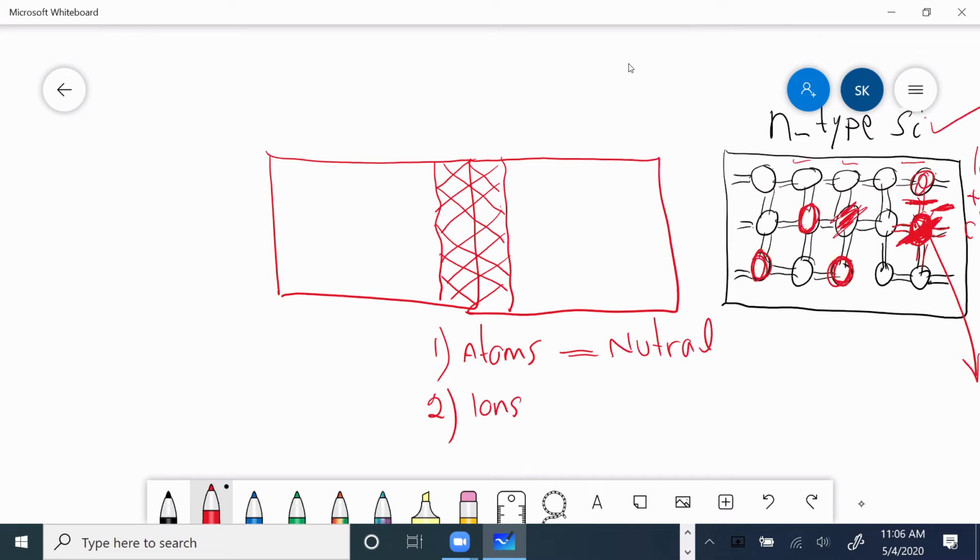That means nothing. Ions have charge. And therefore, in there are positive charges and in there are negative charges. These charges in there and in there create electric field.